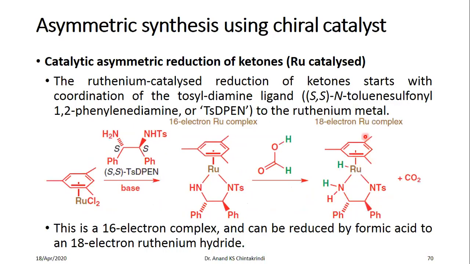The ruthenium catalyzed reduction starts with the coordination of the ruthenium catalyst with this particular chiral ligand. This is the SS enantiomer in this case. What is this chiral ligand?